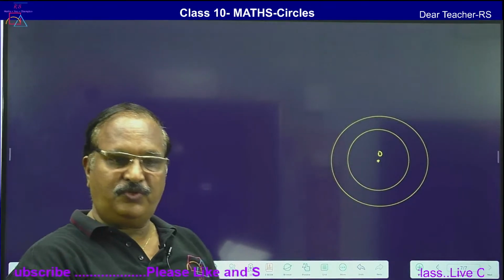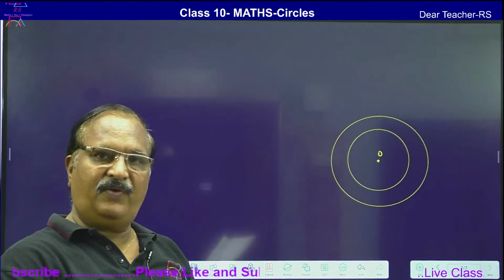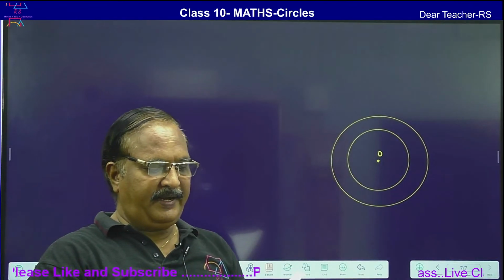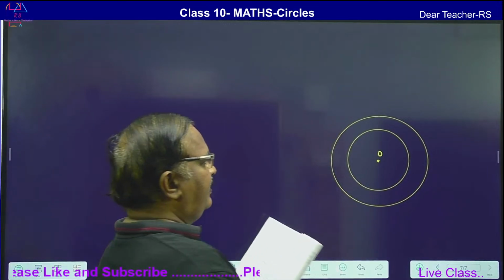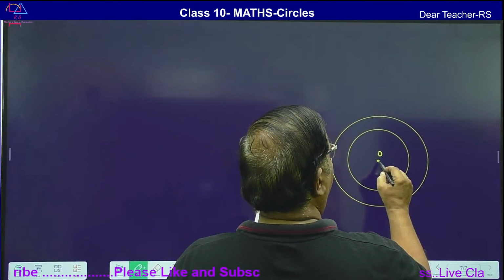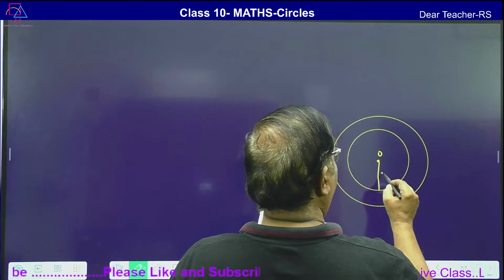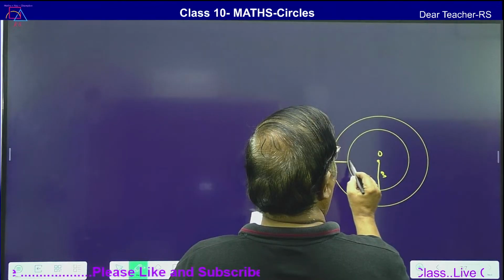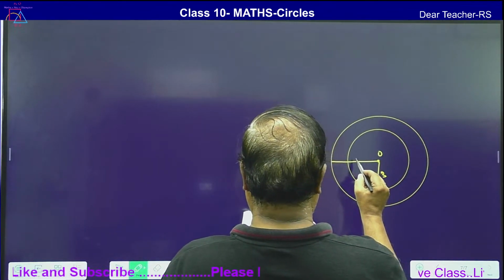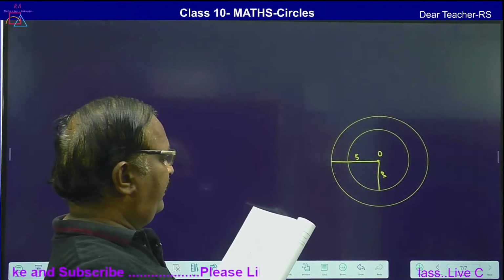So now these two are concentric circles, and radiuses are given. Bigger radius is 5 and smaller radius is 3. Okay. Let me write smaller radius here, 3, and bigger radius is 5. Okay.